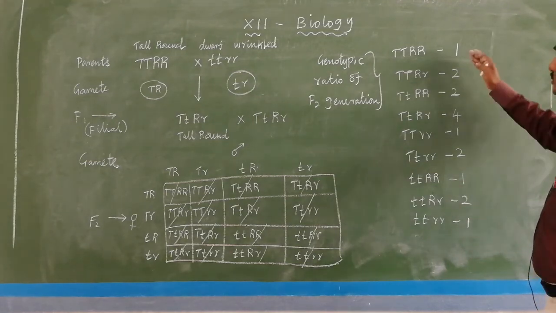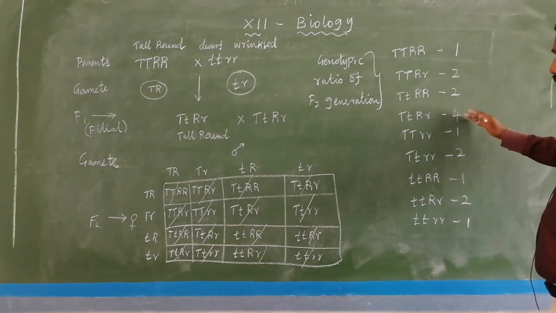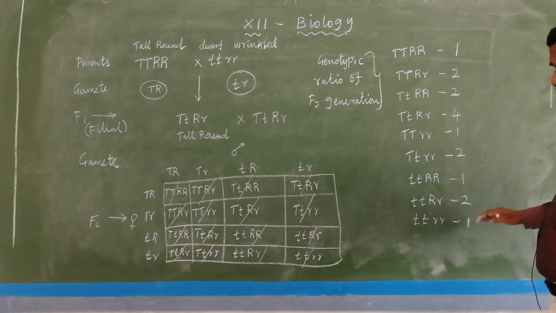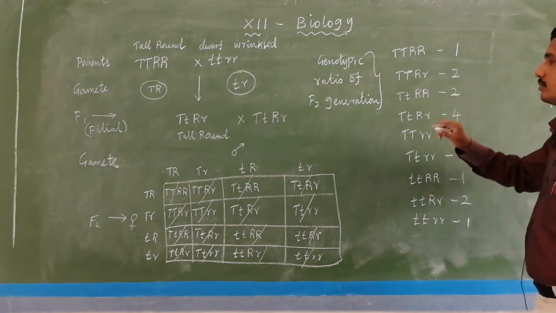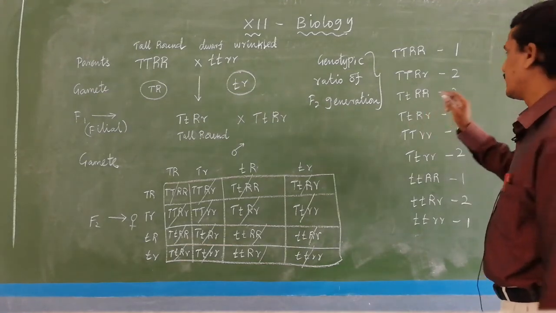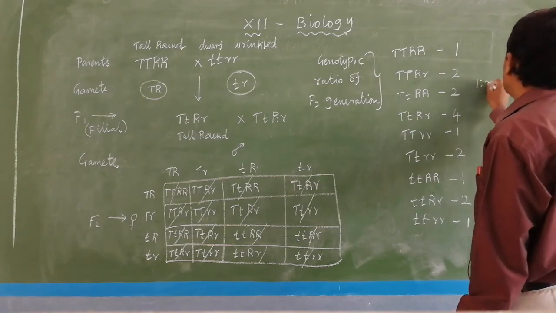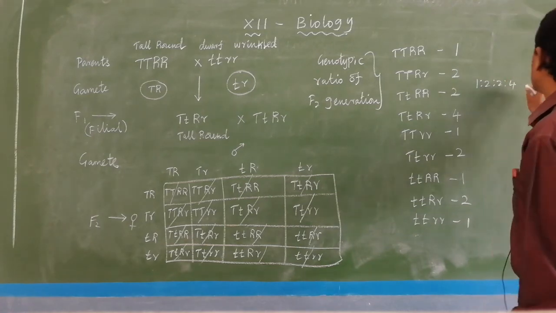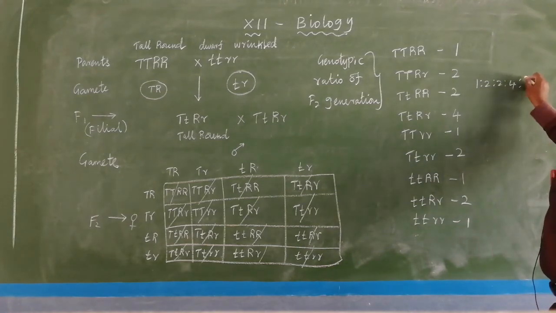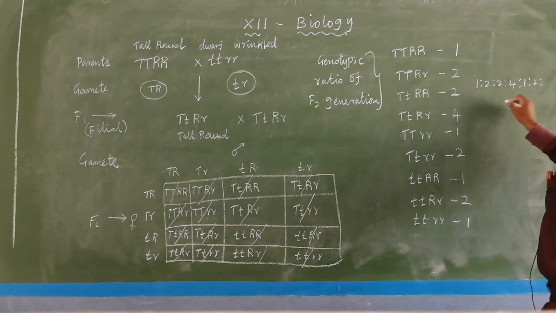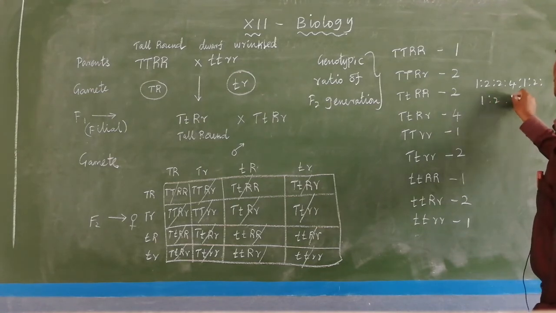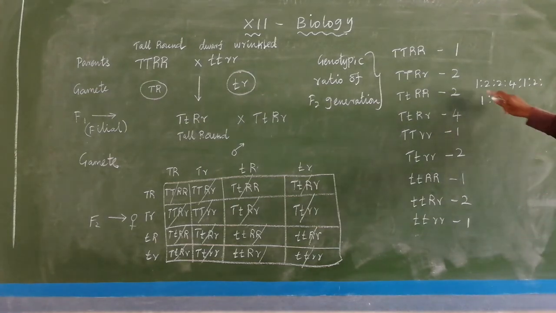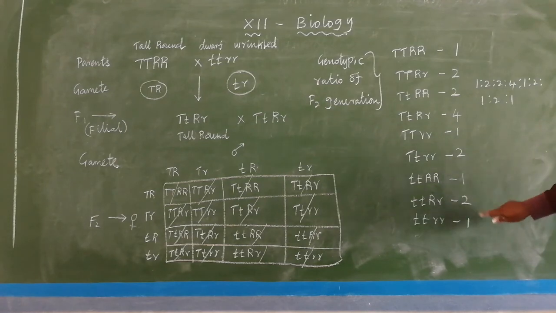So, total ratio 1 2 2 4 1 2 1 2 1. So, genotypic ratio of F2 generation in dihybrid cross means 1 is to 2 is to 2 is to 4, and 1 2 1 2 1.